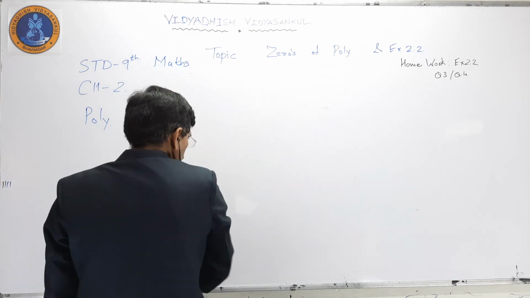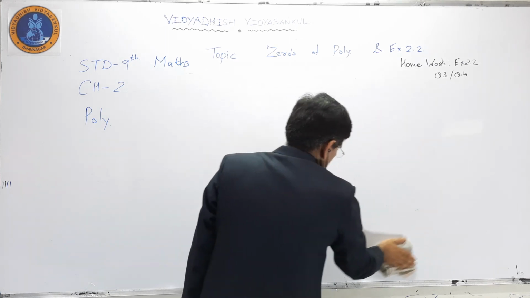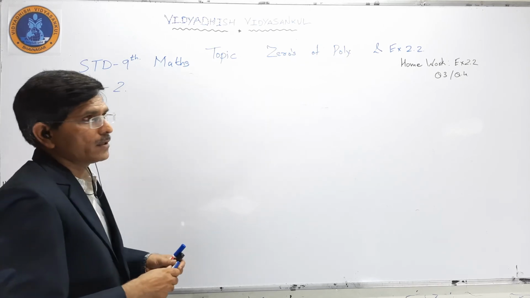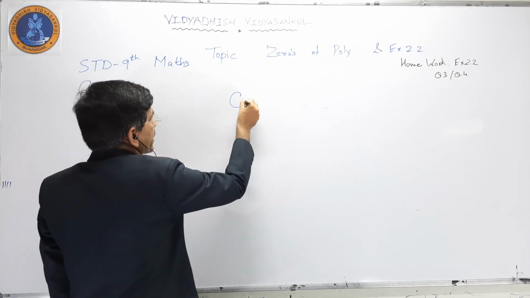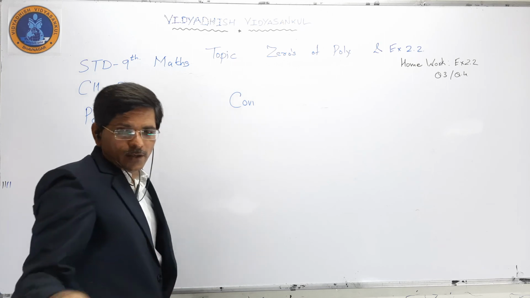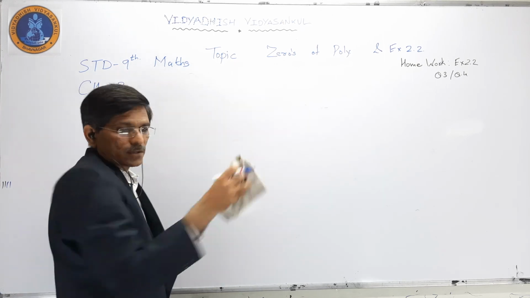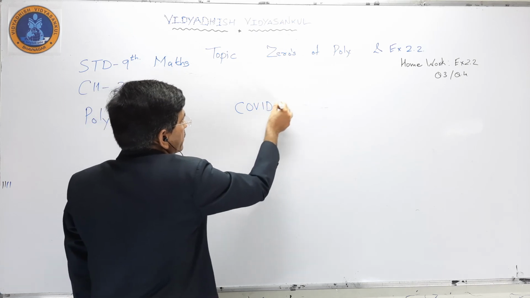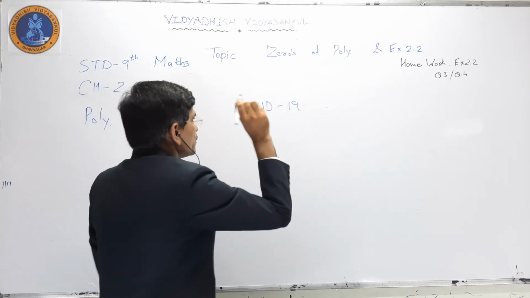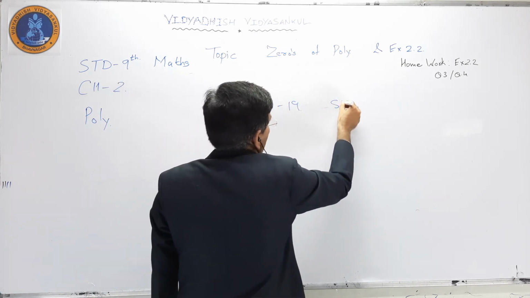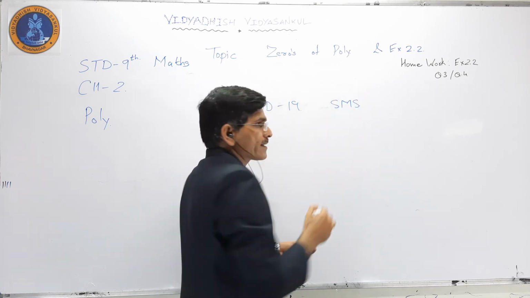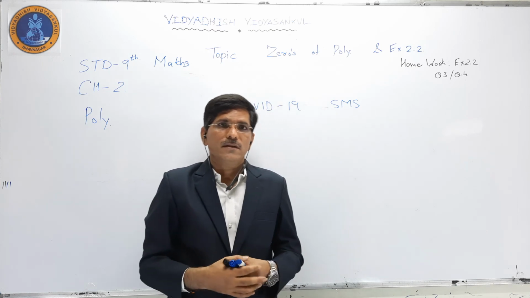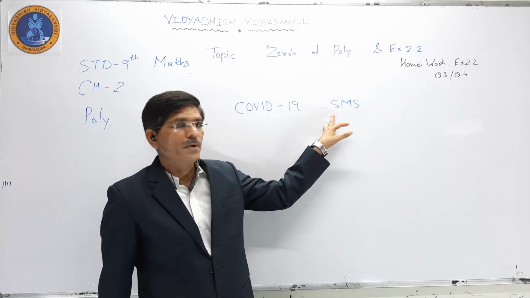You have to follow the COVID rules. Already we know the COVID rules. We have to write everything in capitals: COVID-19. For COVID-19 we discuss the SMS. Every time I discuss COVID-19, this is what we have to remember.